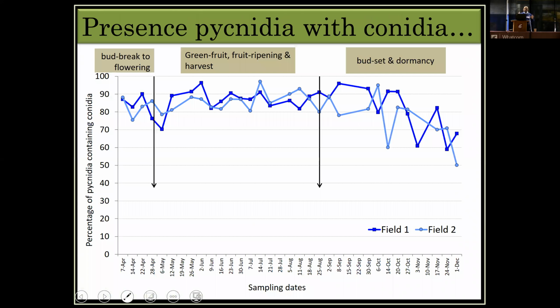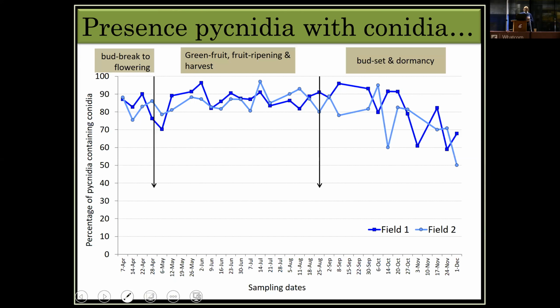When you look at the graph here, this is the percentage of Pycnidia on the y-axis that contain conidia. And this is the sampling time, starting from early April to early December. These are the different phenological plant developmental stages.